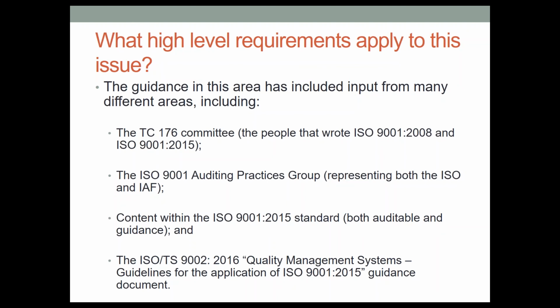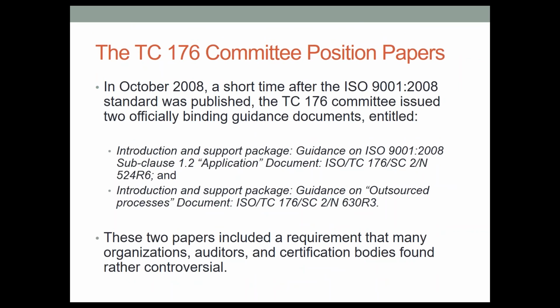So let's go back in time a little bit and let's take a look at the TC 176 committee position papers. Back in 2008, shortly after the 9001:2008 standard was published, the TC 176 committee issued 2 officially binding guidance documents.